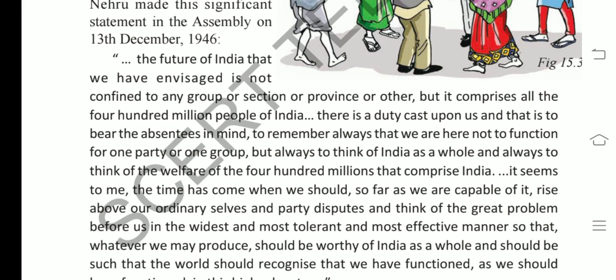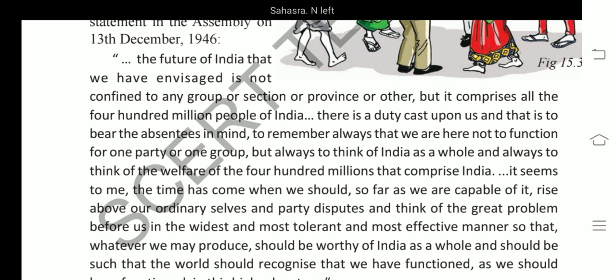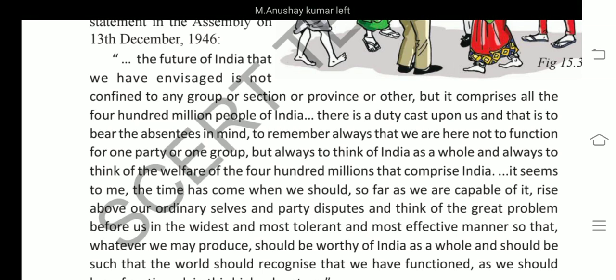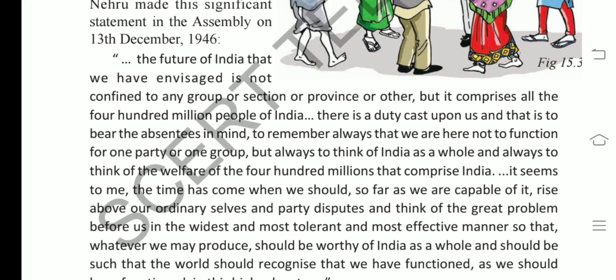Nehru states, addresses, that the time has come for the members of the Constituent Assembly to prepare the best constitution as per their capacity.